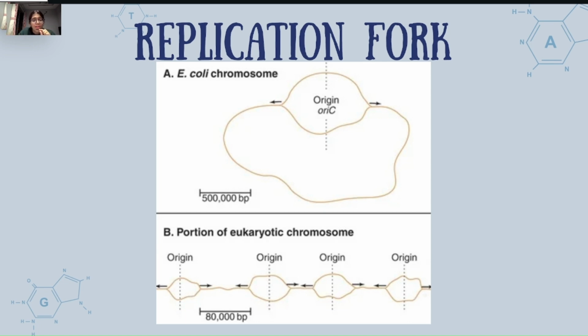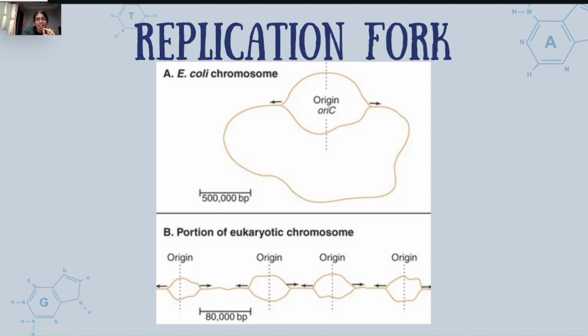In contrast, the eukaryotic chromosome is large and linear, and has multiple origins of replication, resulting in numerous replication forks that form the replication bubble, which eventually merges to ensure the complete and timely replication of their complex genomes.